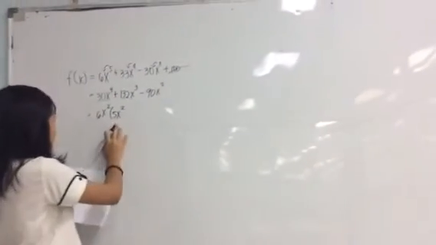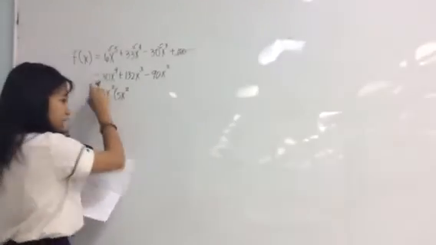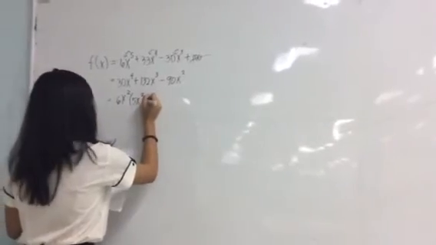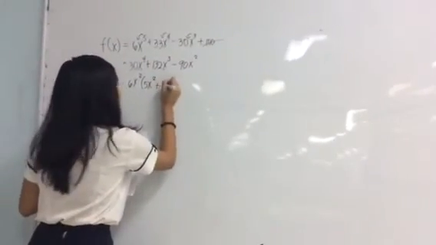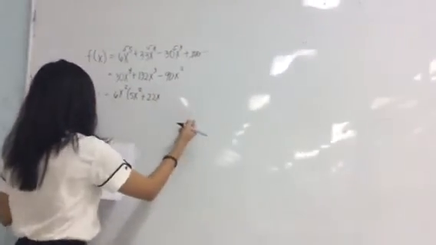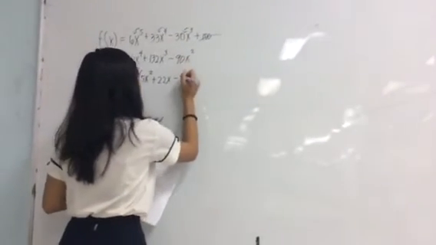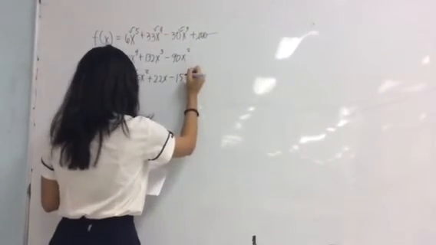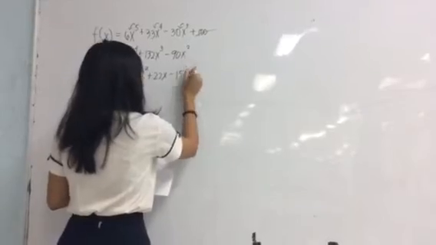So 6 times 5 to be 30. Then the GCF of 132 is 22x. And the GCF of 90 is 15. So we have now our GCF.